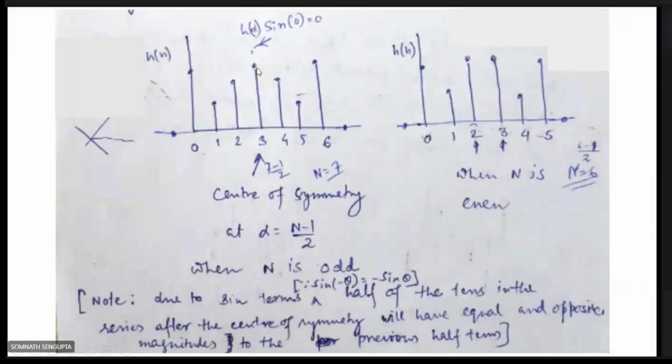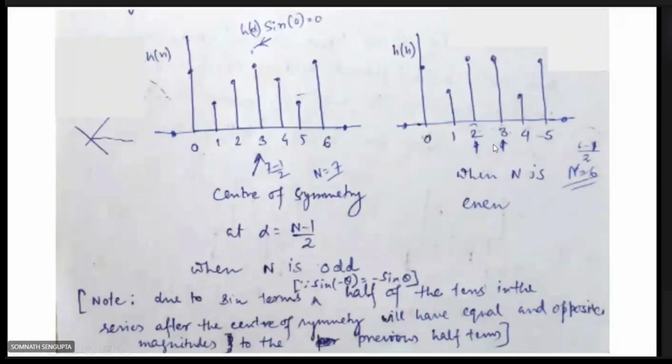So the symmetry is about here and it repeats, so n minus 1 and n is equal to 0, h0 and hn minus 1, both are the same. This is for n odd. For even, the symmetry is about n by 2 minus 1. So n by 2 minus 1, where n is equal to 6, so 6 by 2 minus 1, so 3 minus 1, that is 2.